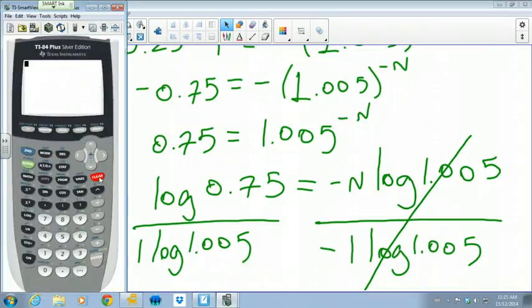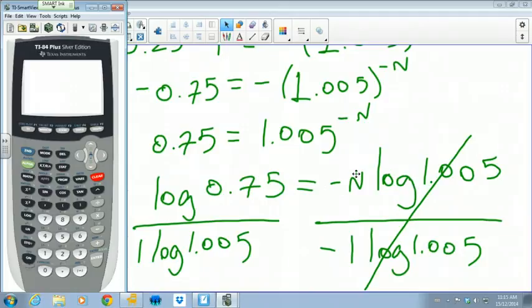Quiet. Which part? I thought you can take the negative log. It's not the log of a negative number I'm taking. It's a number times a log. What you cannot take is the log of a negative number.